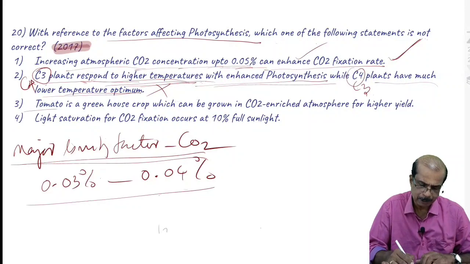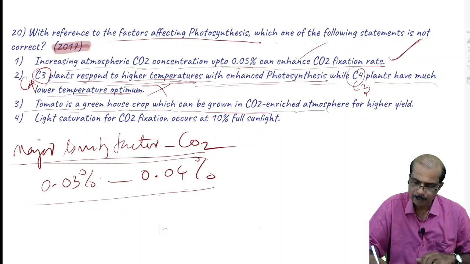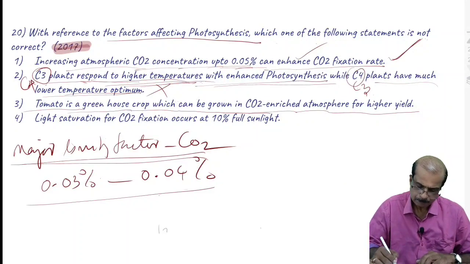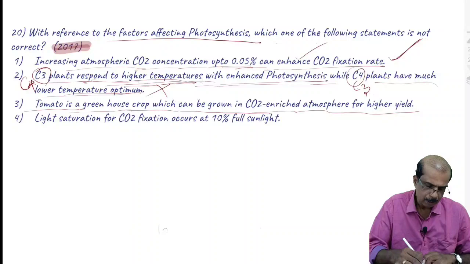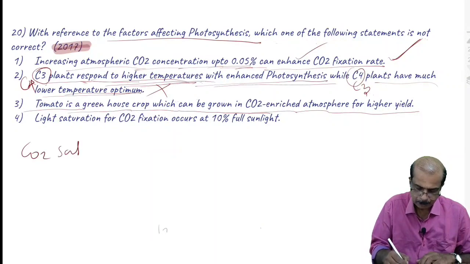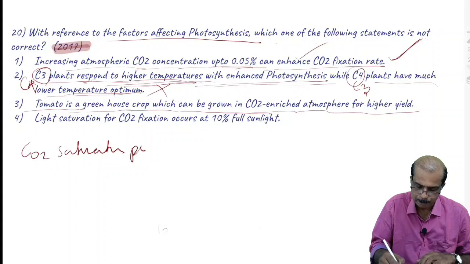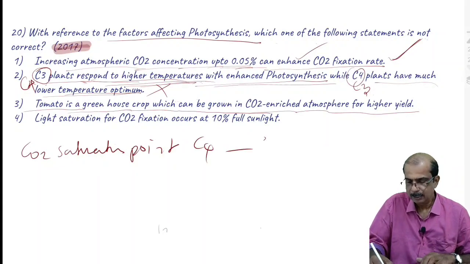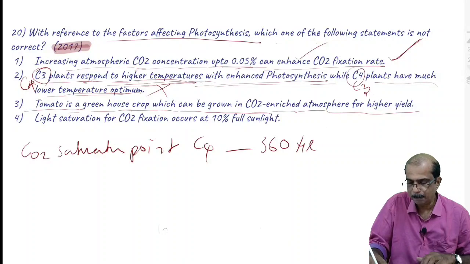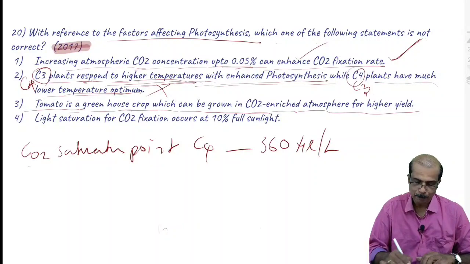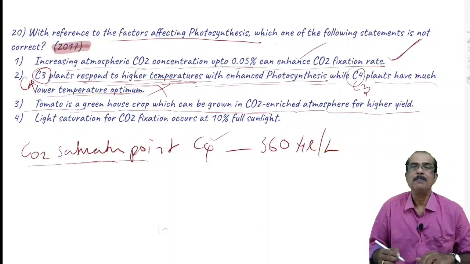What about the third option? Tomato is a greenhouse crop which can be grown in carbon dioxide enriched atmosphere for higher yield. Let's see that. The carbon dioxide saturation point for C4 plants is 360 microliter per liter. A lower carbon dioxide saturation point is for C4 plants.